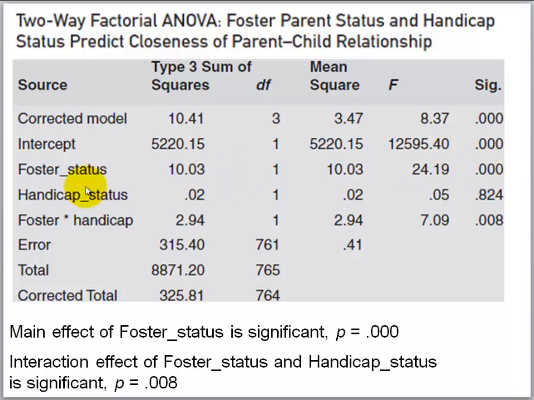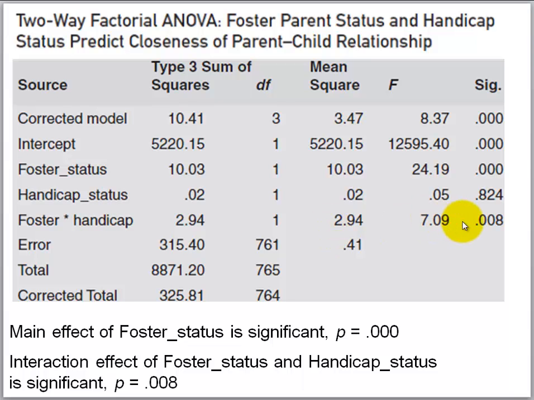On the other hand, when we examine the effect of handicap status, which is to say, do we have a statistically significant difference between those with and without handicaps in terms of parent-child relationship score, that difference is not statistically significant. An asterisk or star sign is often used to convey an interaction term. So we have an interaction term that's tested, the foster parent status times handicap status interaction.